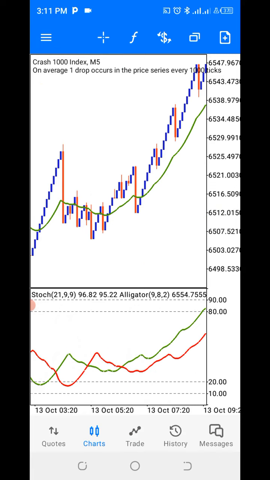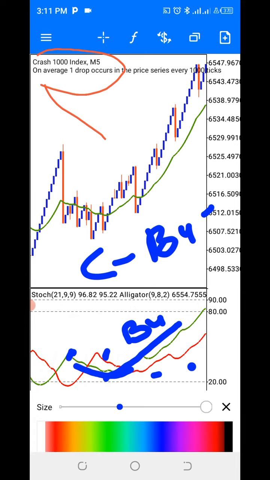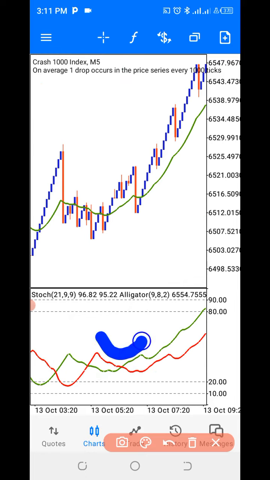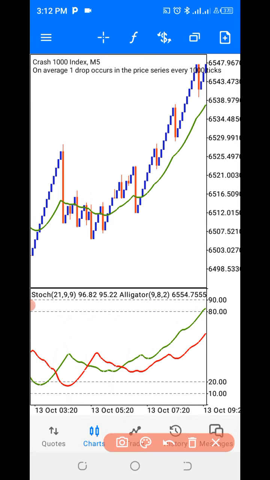So we'll be waiting for the green moving average to cross the red upward for Crash 1000.